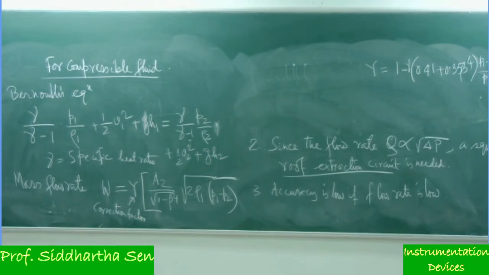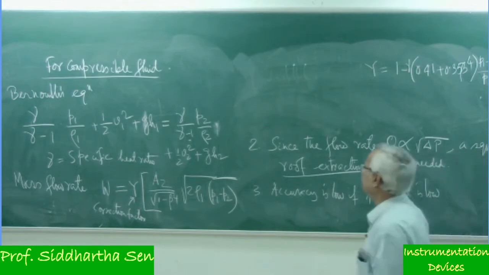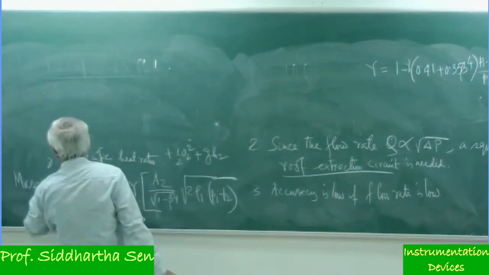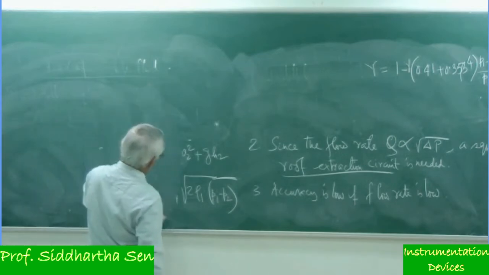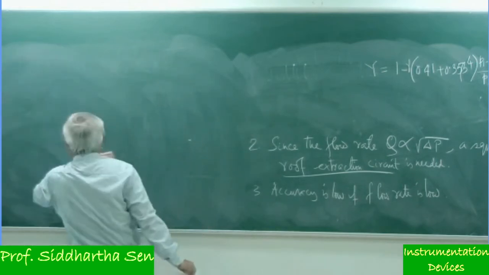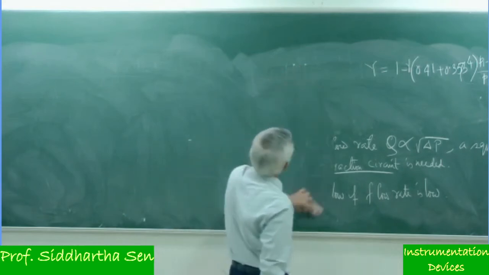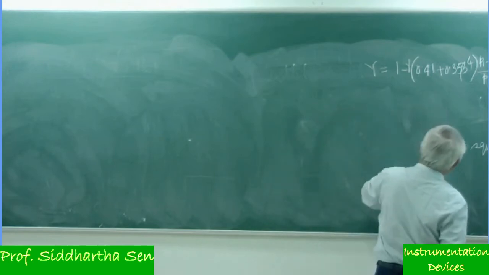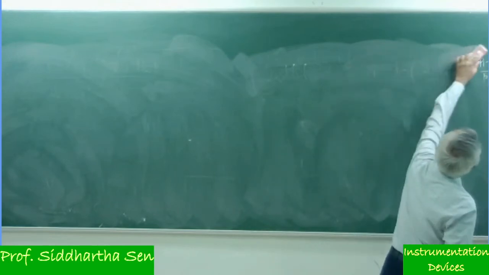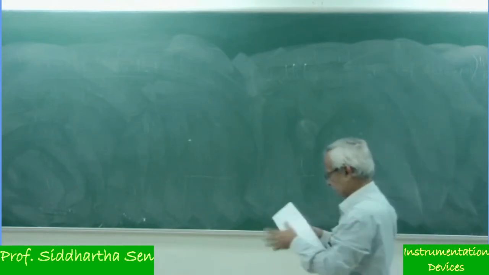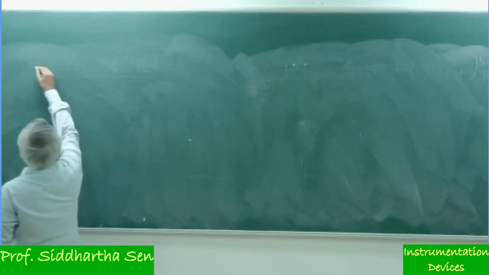Before I conclude, one more very simple obstruction type flow meter. It's called Pitot tube.